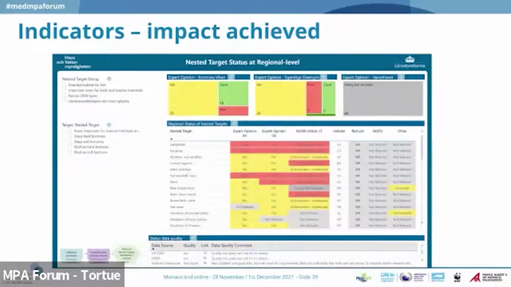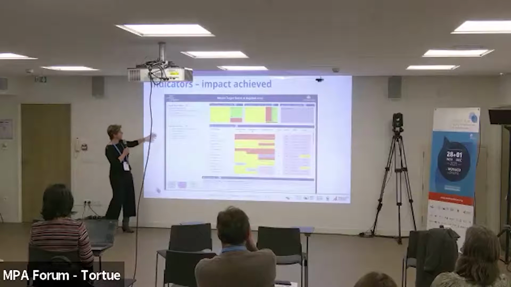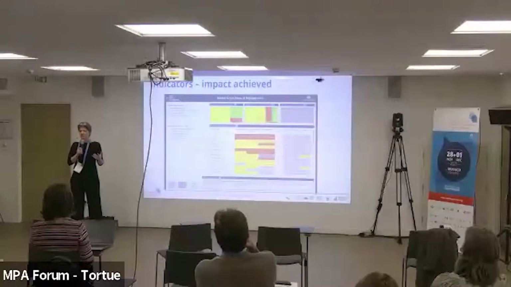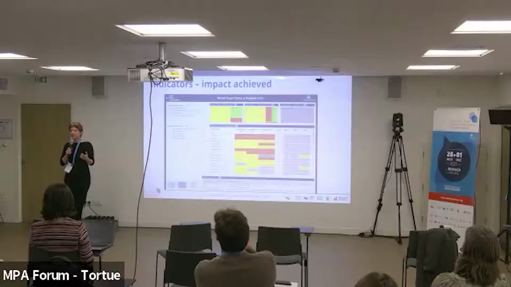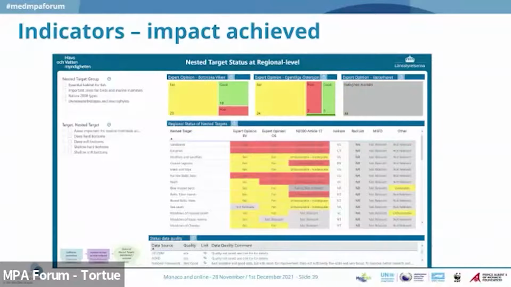Yeah, this is also a very important one, I think. Rolled up information that you can drill down into different types of nested target groups or nested targets, also for different regions, where you wrap your heads around what the status is. In Sweden, we shied away from looking for standard indicators because it is so complicated to land on a standard set of indicators that we did it the other way around.